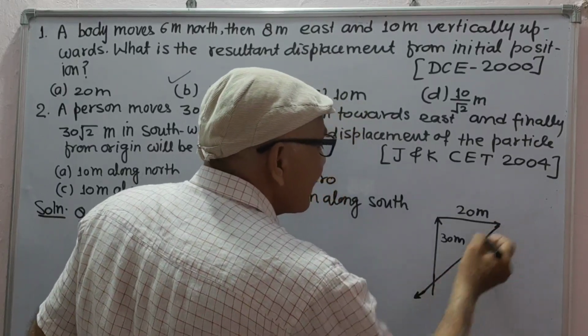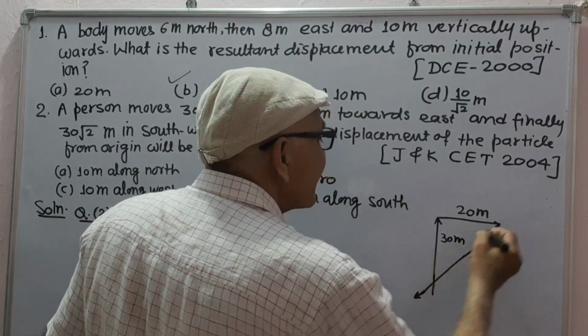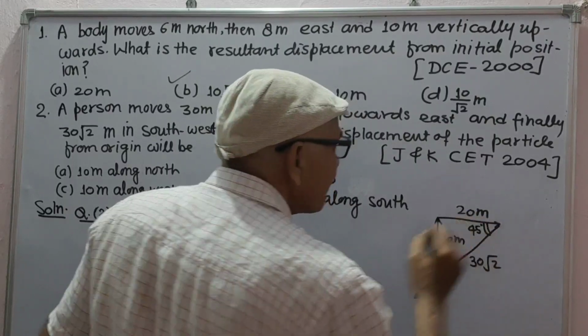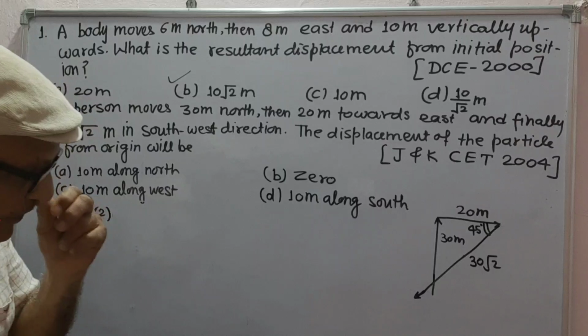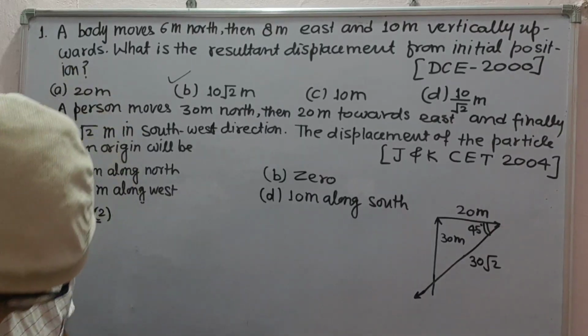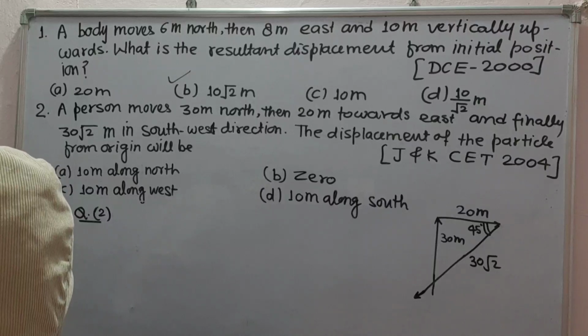This vector is along southwest direction, so this angle is 45 degree. We have to find the resultant vector from the initial position.